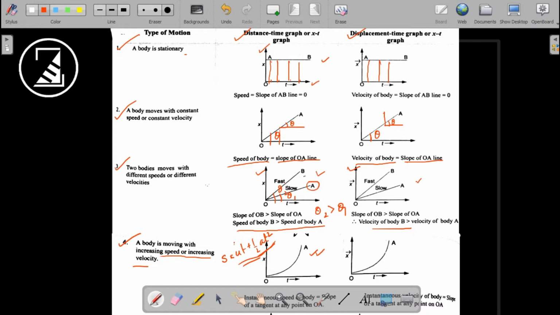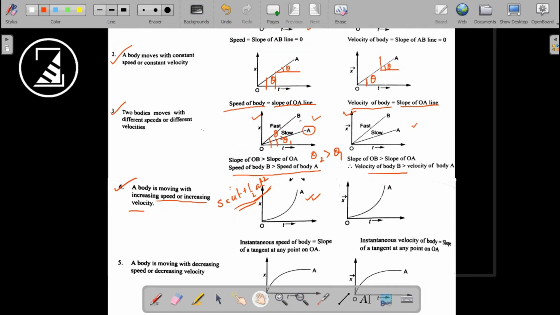Okay, this is the displacement versus time graph. Here, the instantaneous velocity of the body we can find by drawing a tangent at any point.